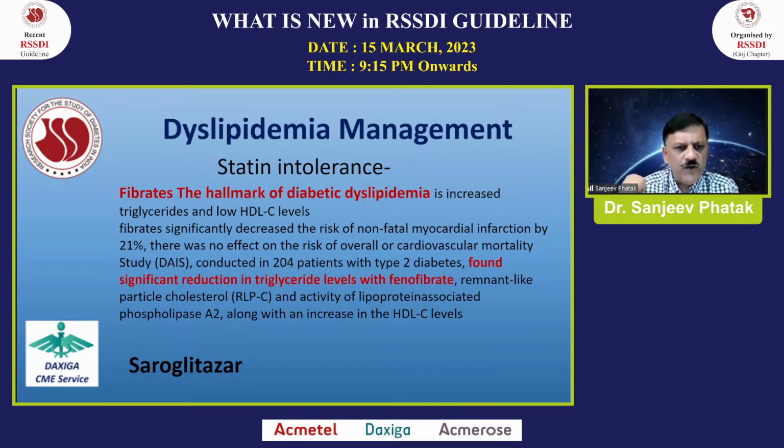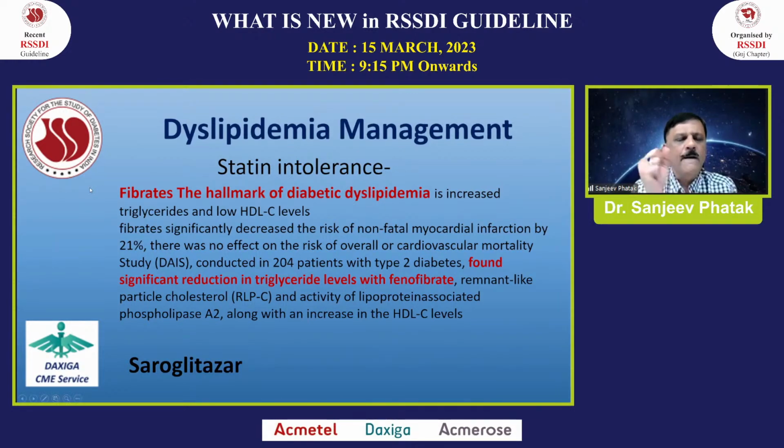For statin intolerant patients, we also have an option of reducing the statin dose and adding a fibrate, though there is no evidence at present to suggest that fibrates can reduce the cardiovascular risk significantly, though some of the studies like DACE showed significant reduction of the triglyceride level with fenofibrate, which also reduced the cardiovascular mortality.